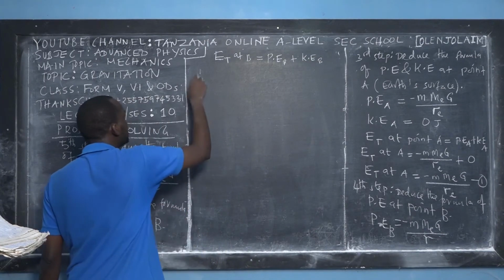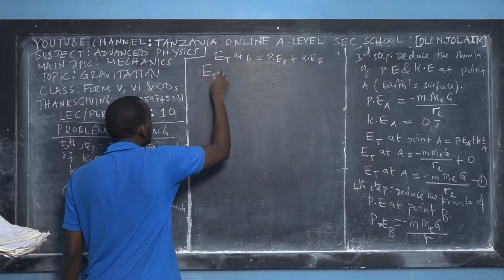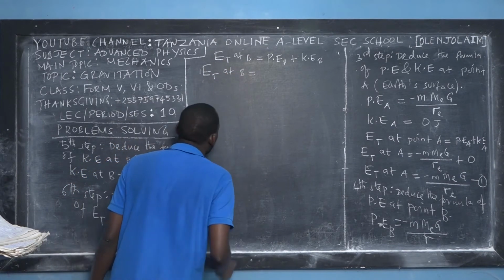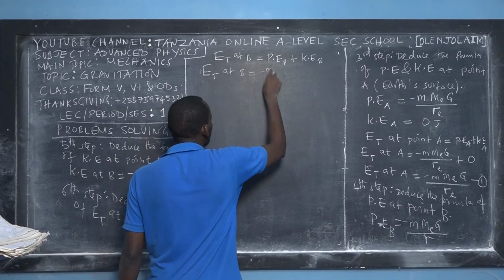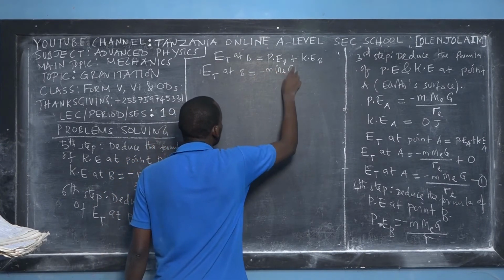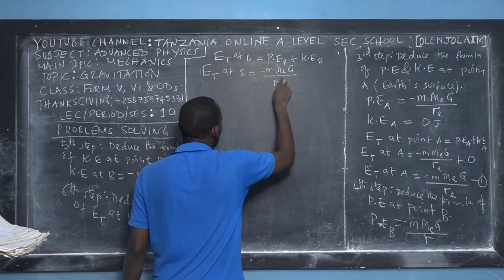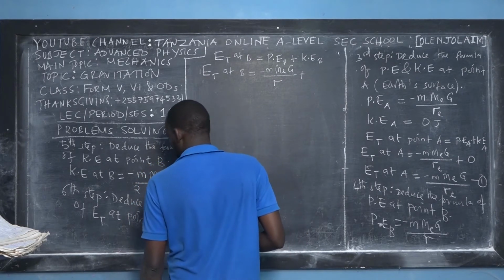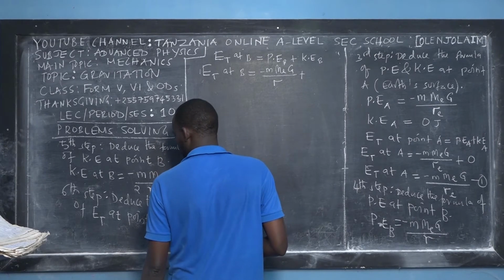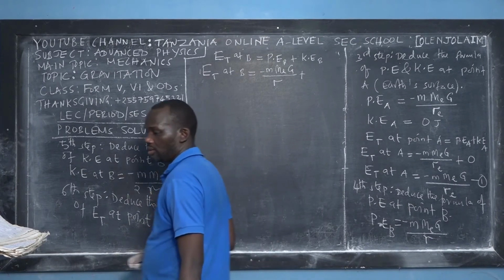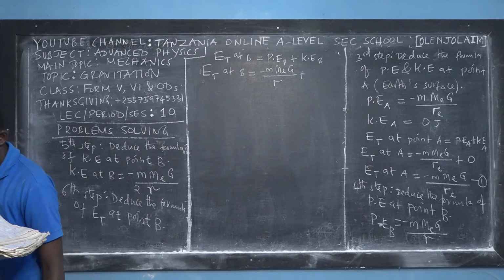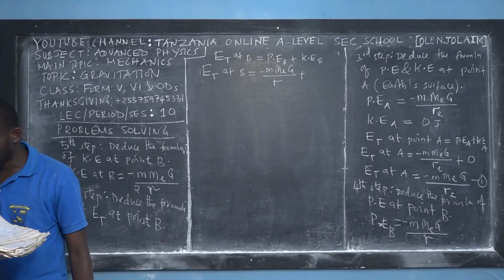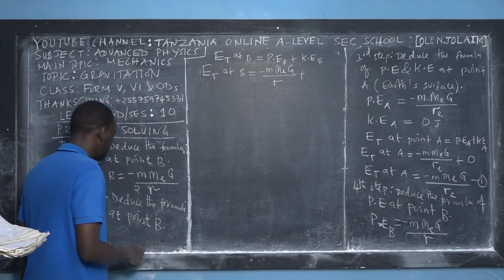So then we say that the total energy at B is equal to potential energy, negative mass, mass of the S, universal gravitational constant over R, and then plus what? Is potential energy negative? No. Kinetic energy is not negative, it's positive.